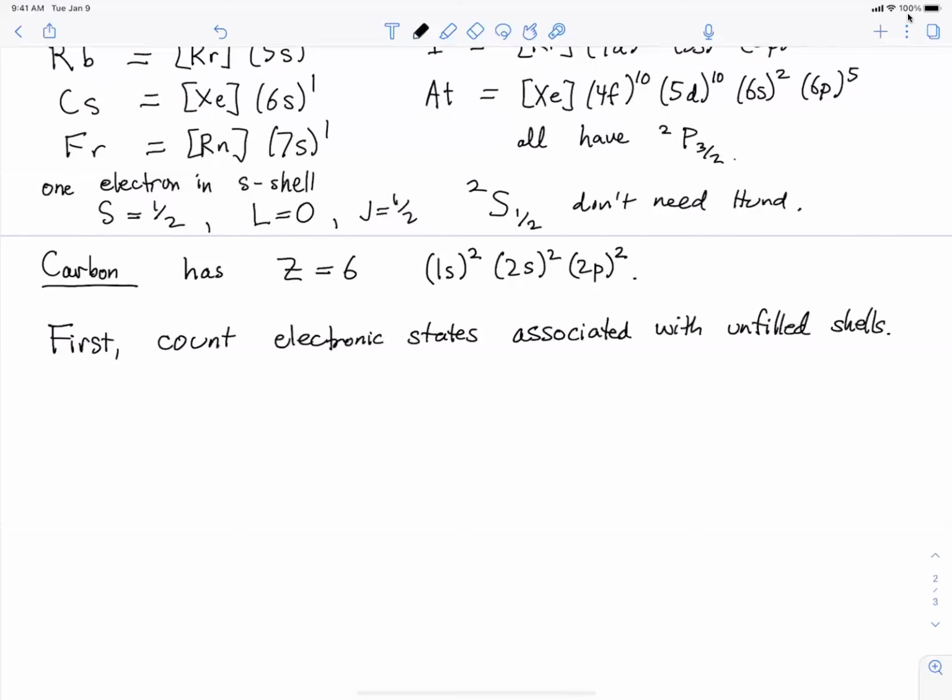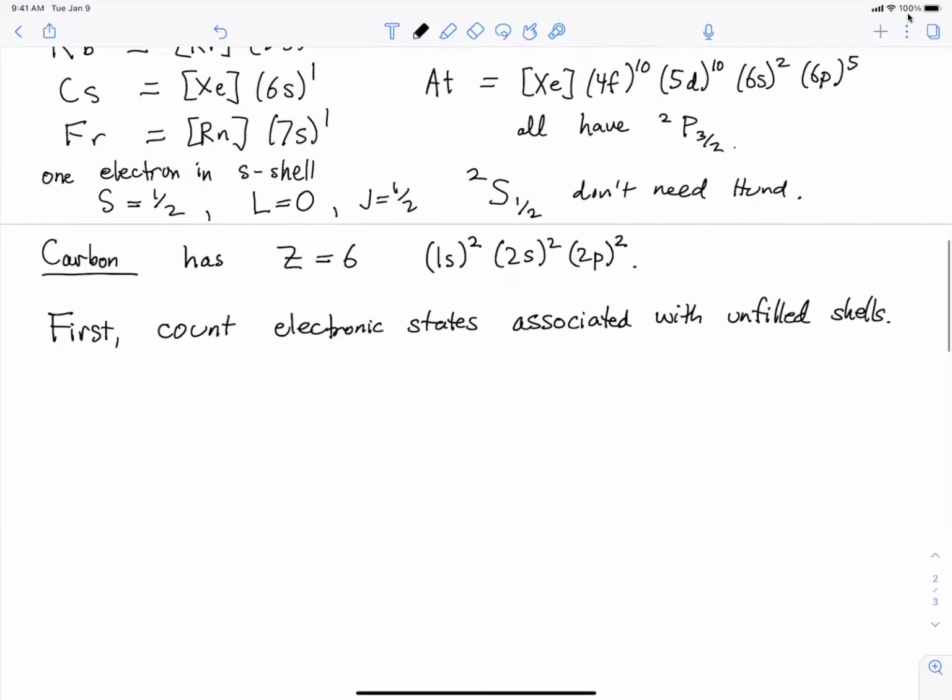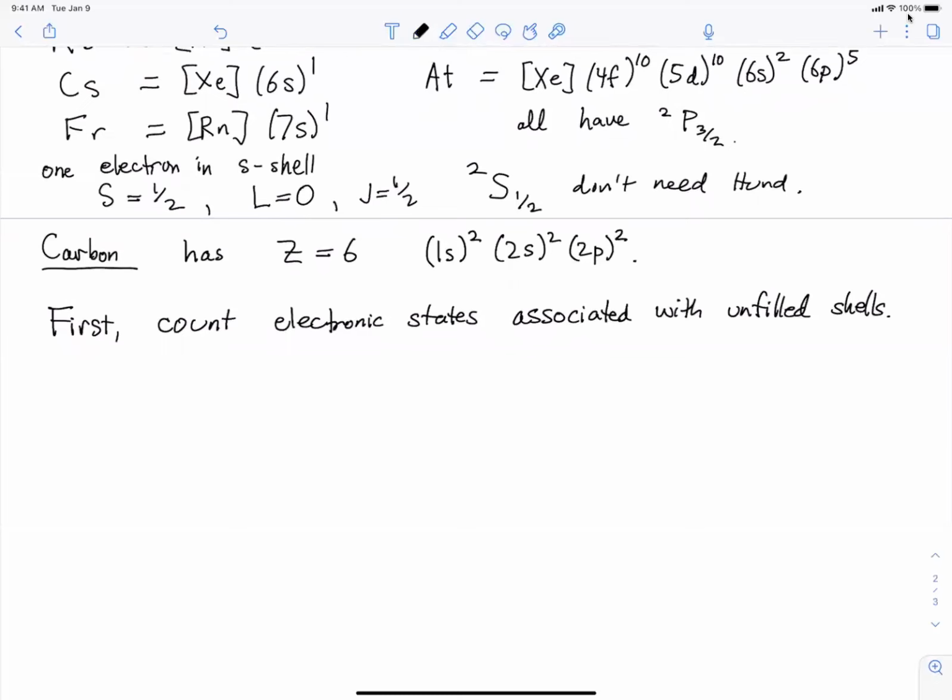So really, this should be the first step in any analysis of an atomic element. So in this case, what's the unfilled? The unfilled is the 2p, because 2p can fit up to 6, and there's only 2 of them. So that's the unfilled. And so we say the incomplete 2p shell has 2 electrons. And there are 6 slots that you can put them in.